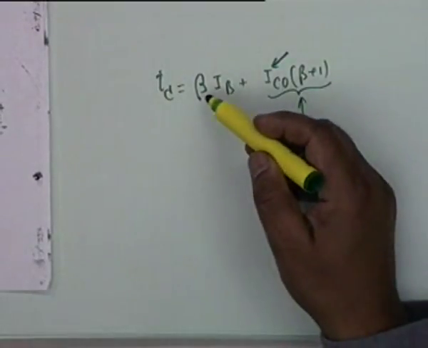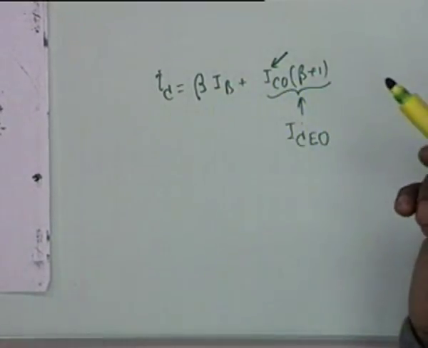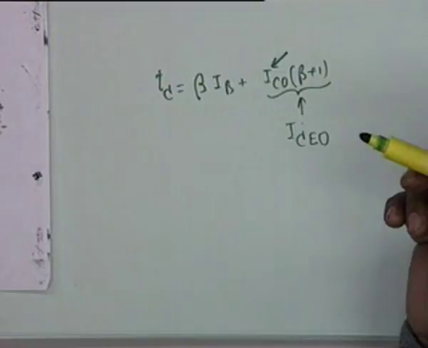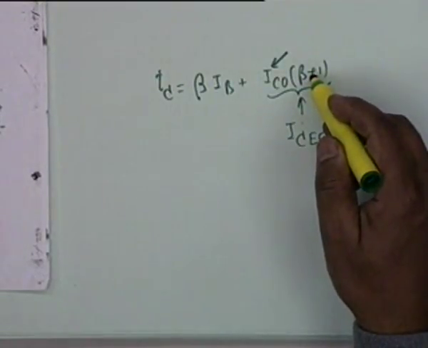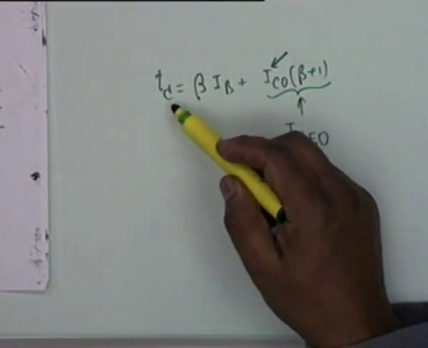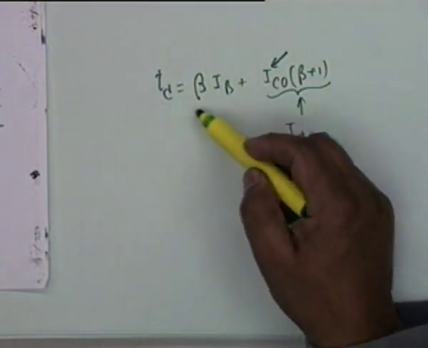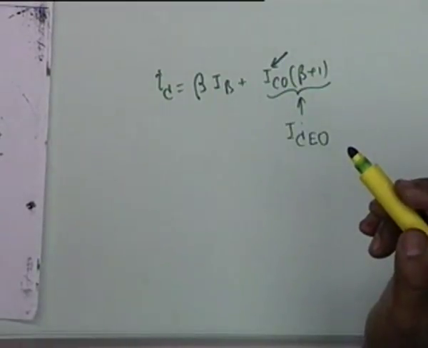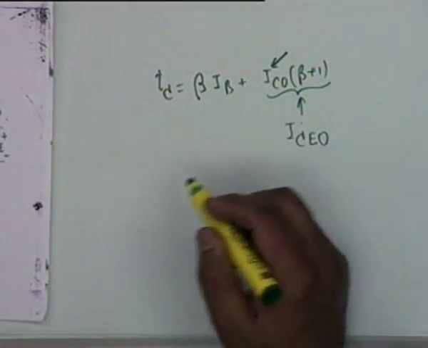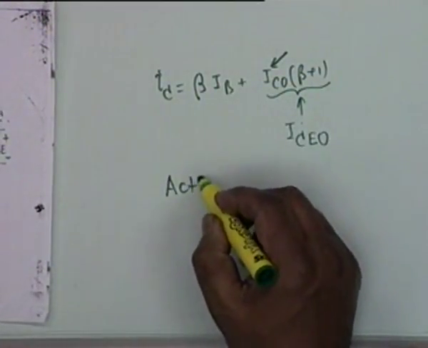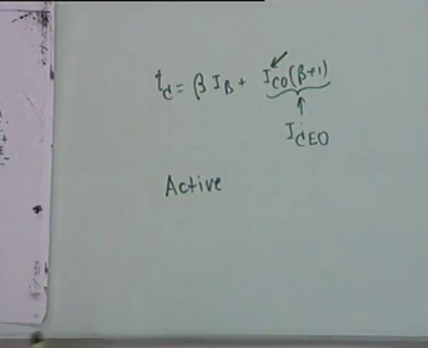On the other hand, I sub C is of the order of a milliampere or more, and therefore this term is usually negligible. So the relationship that is valid is I sub C equal to beta IB, and when this relationship is valid, we call the transistor to be working under active region.